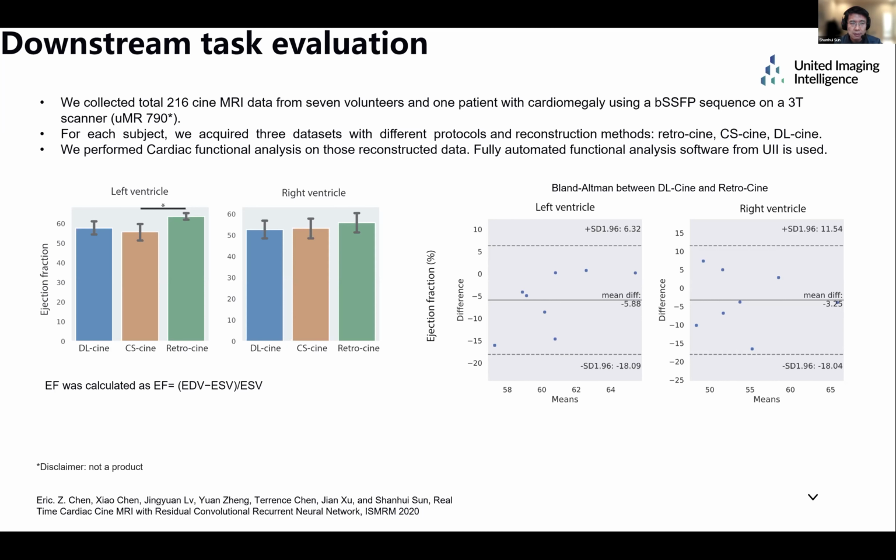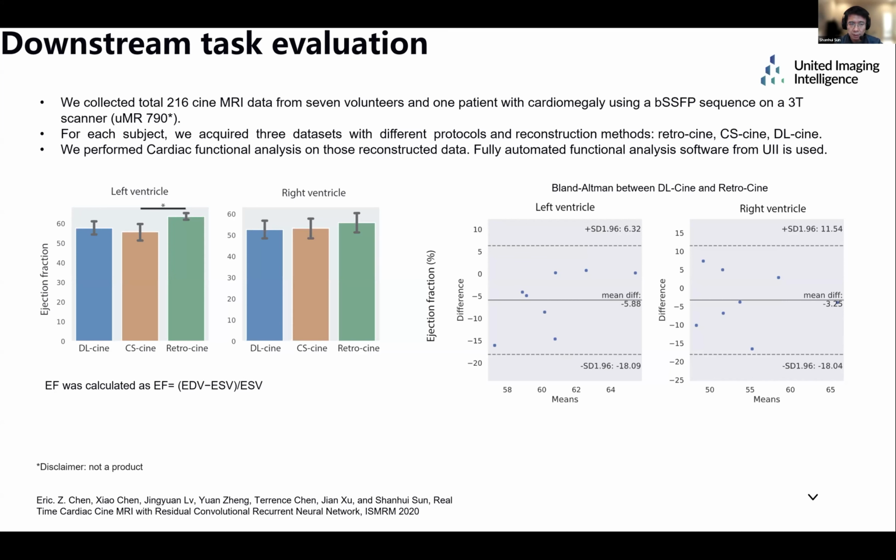We collected in total 216 CMR datasets from 7 volunteers and 1 patient with cardiomegaly.